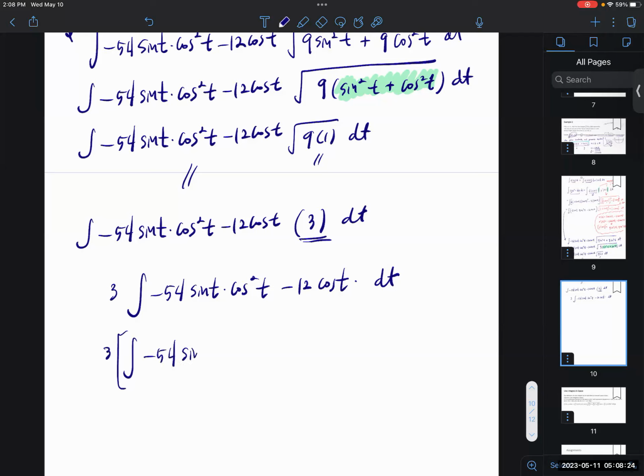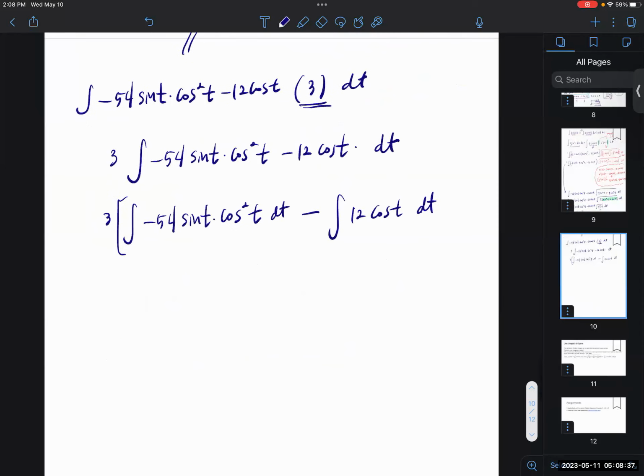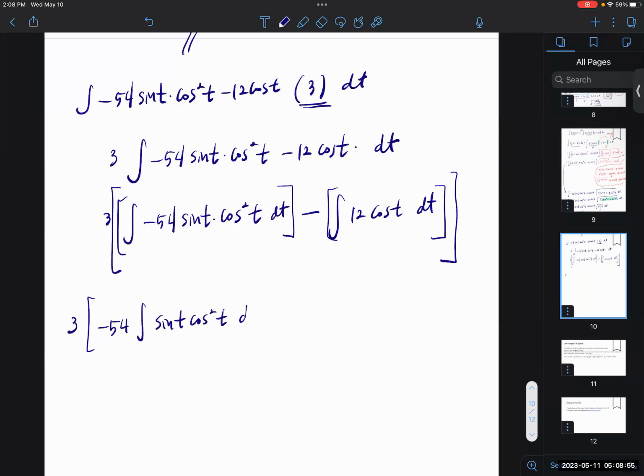So I can bring negative 54 to the front. So 3, negative 54 sine t cosine squared t dt minus 12 cosine t dt.